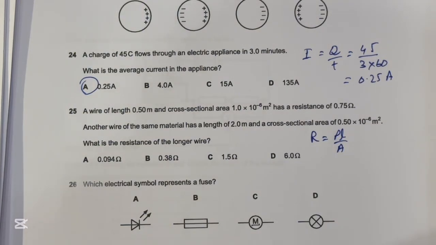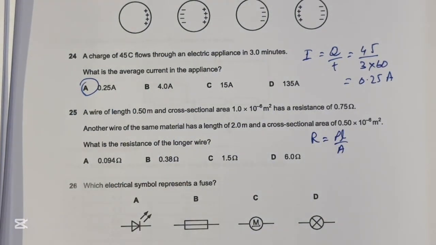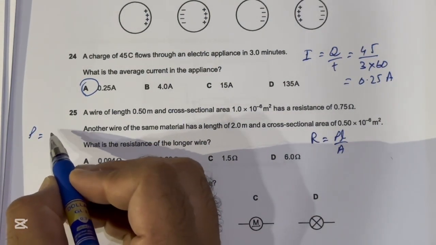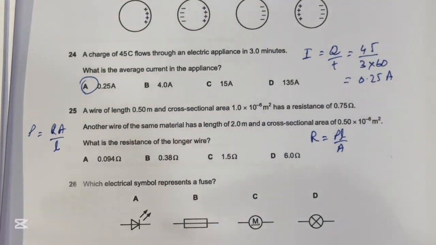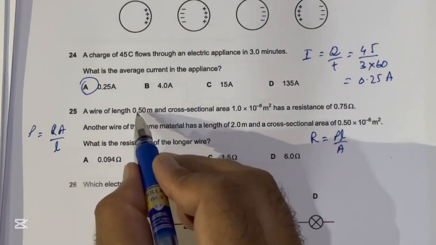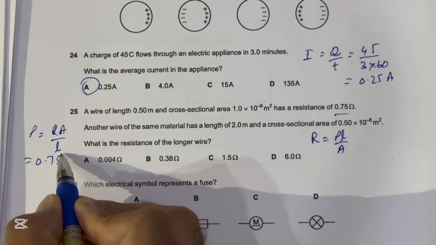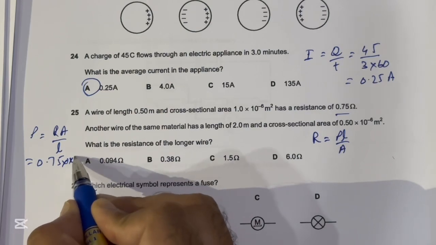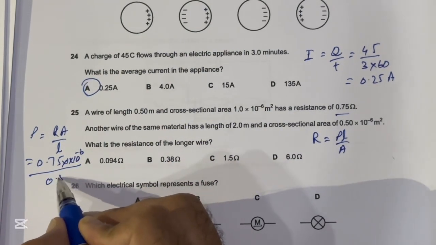But for the second part, we do not have the density. So from the first information, we can calculate the density, and the formula for the density is R A over L, and the value of R is given, that is 0.75 ampere. So we substitute 0.75, and the area is given, 1 into 10 raised to power minus 6, and the value of length is 0.5.